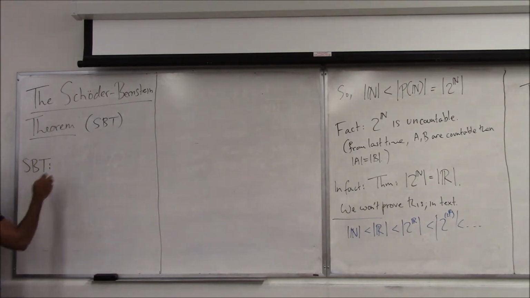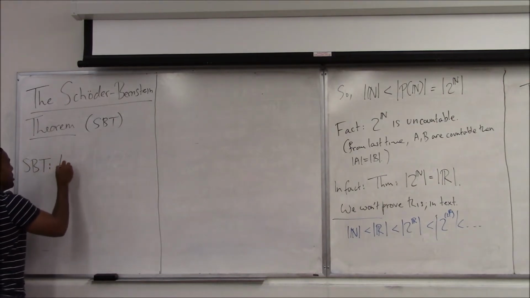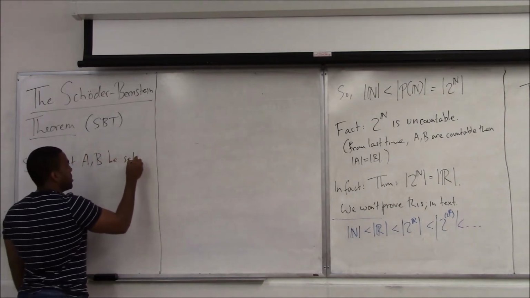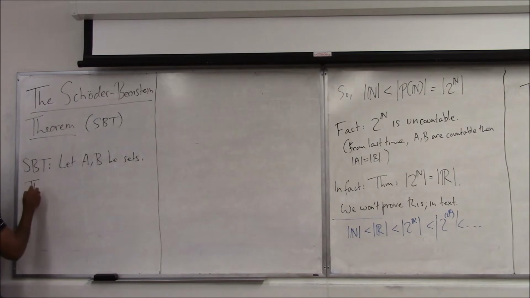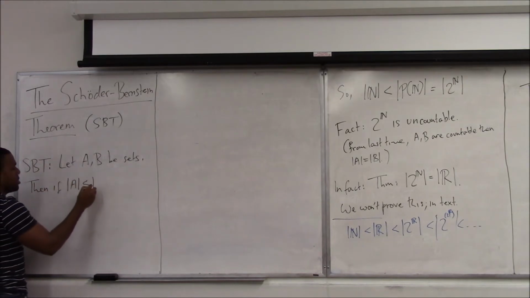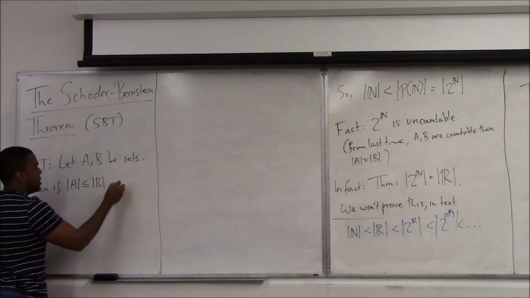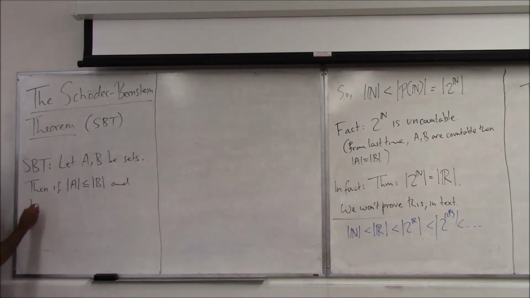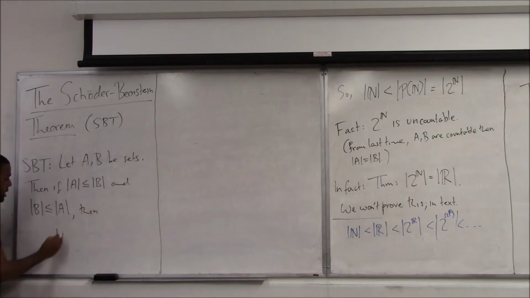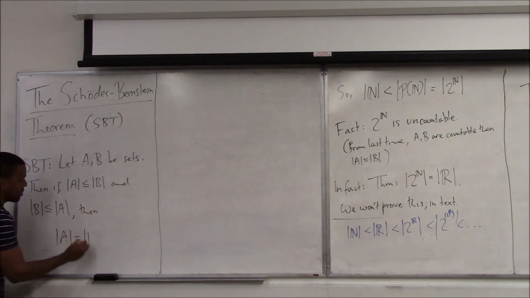Let A, B be sets. Then, if the size of A is less than or equal to the size of B, and the size of B is less than or equal to the size of A, then it must be the case that they're actually the same size.